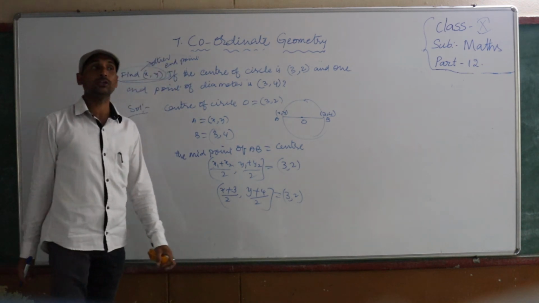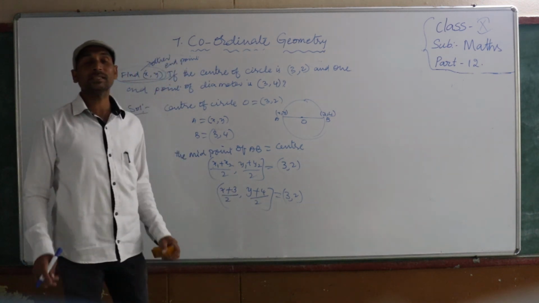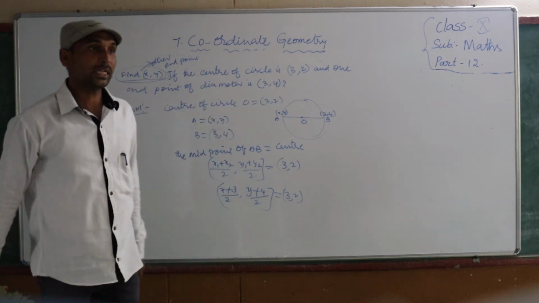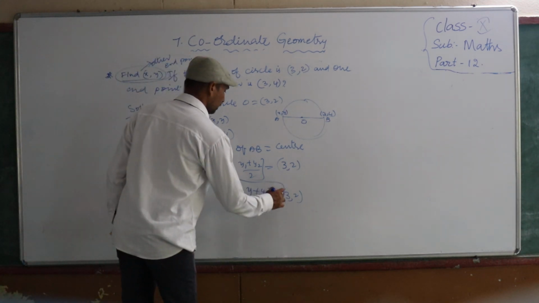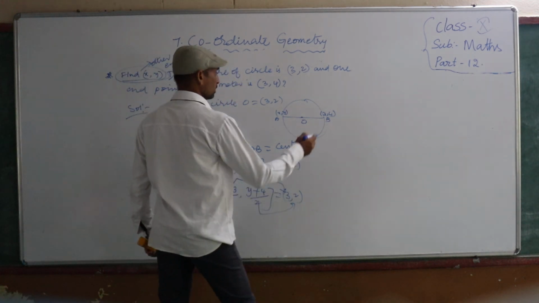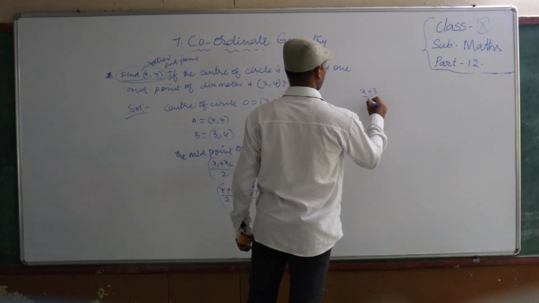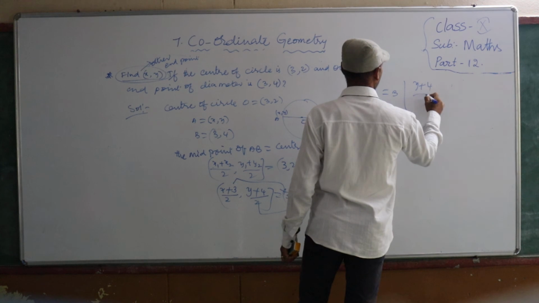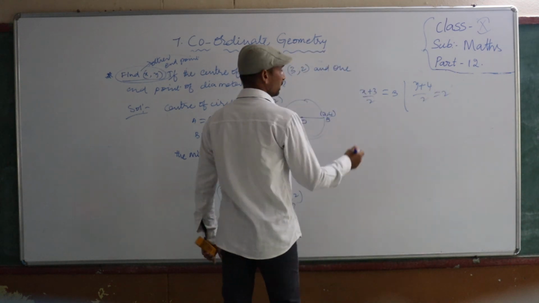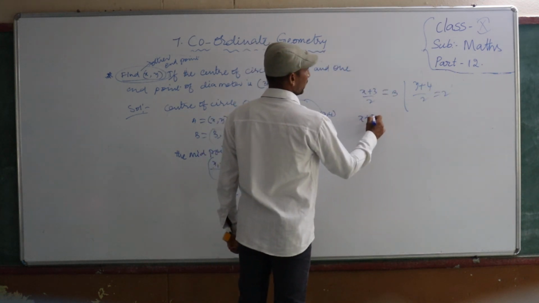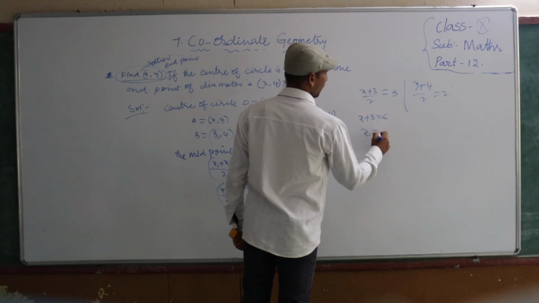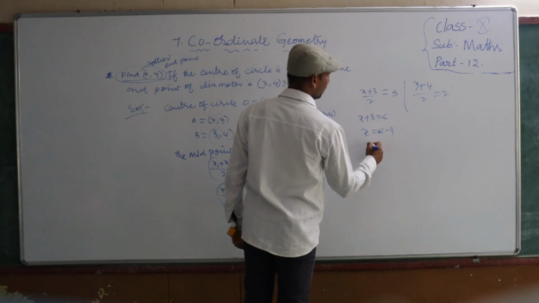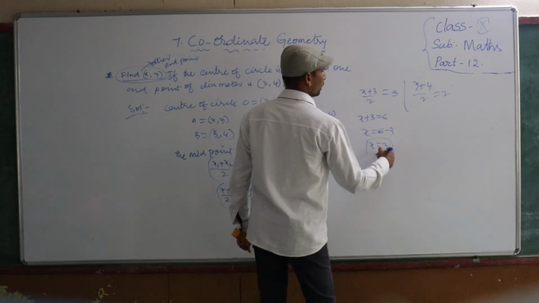Now I already told you, when we are getting an equality symbol, the corresponding coordinates are equal. This is and this one is. So x plus 3 by 2 is equal to 3 and y plus 4 by 2 is equal to 2. Right, so cross multiplication, x plus 3 is equal to 6, x is equal to 6 minus 3, x is equal to 3.